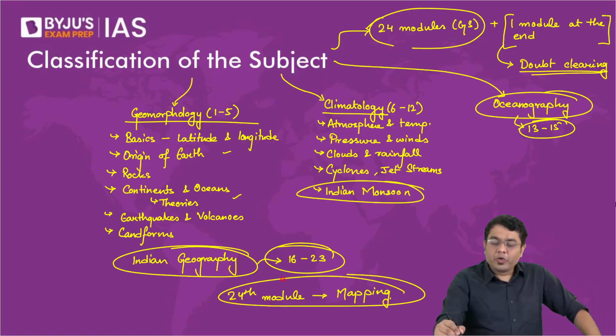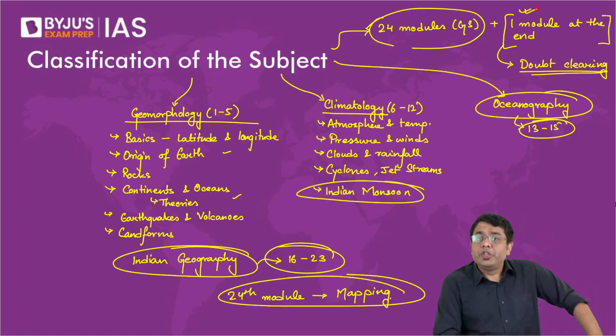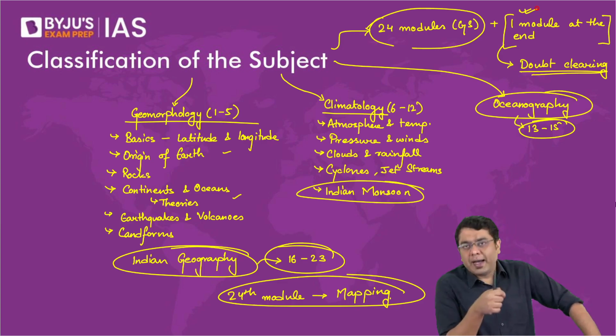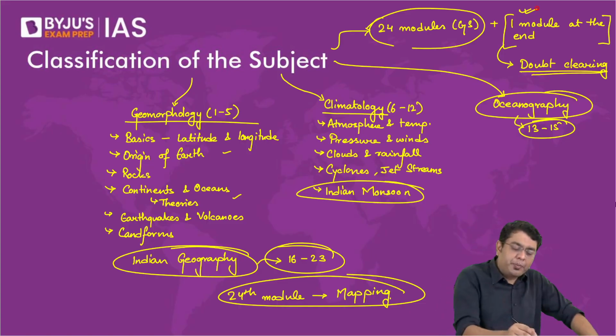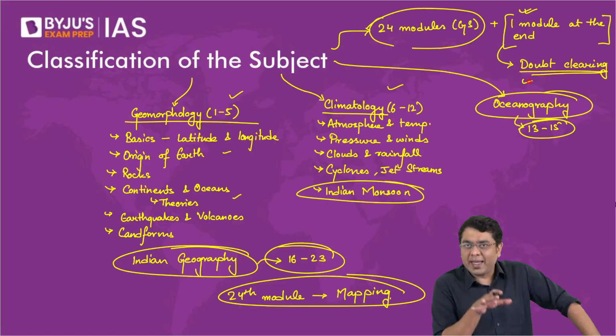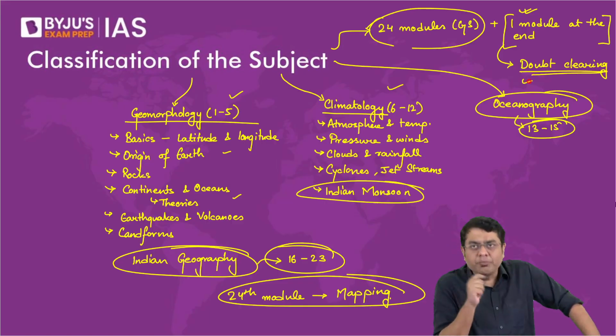And then the 25th class at the end shall be the module for doubts. So this is going to be the framework, the skeleton of the entirety of our coverage of these modules. This portion, geomorphology, climatology, and oceanography together taken as physical geography, is going to be stressed upon much more.